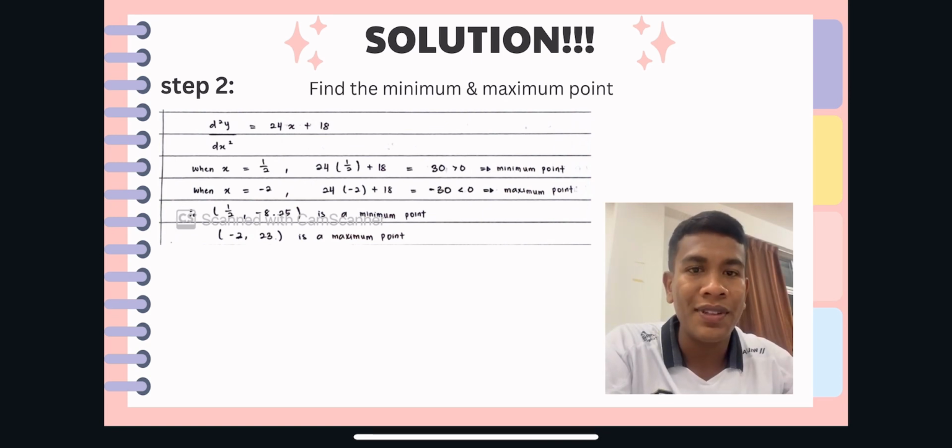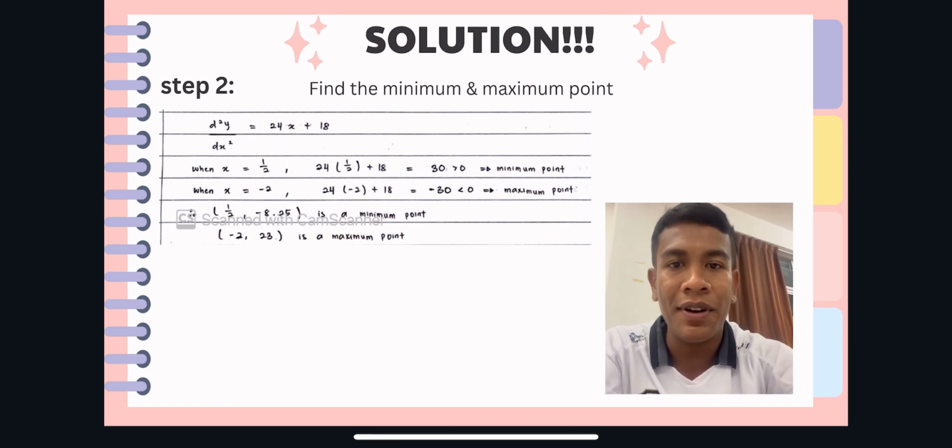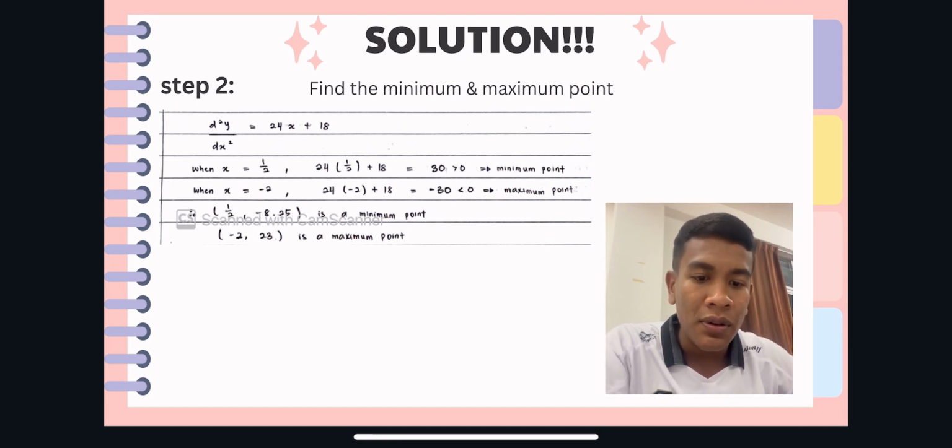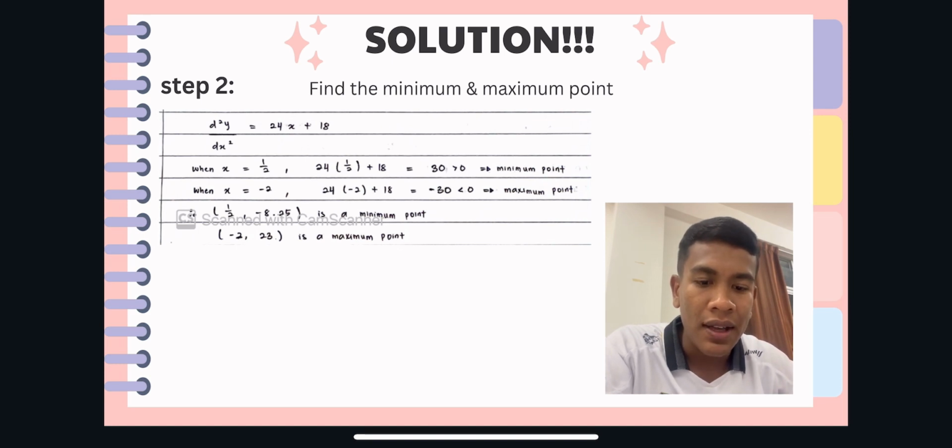Next, step 2 is we must find the minimum point, maximum point and inflection point. So d²y/dx² is equal to 24x plus 18, and then we substitute x equals 1/2 into the equation. We get 24 times 1/2 plus 18 equals 30. 30 is bigger than 0, so we get a minimum point.